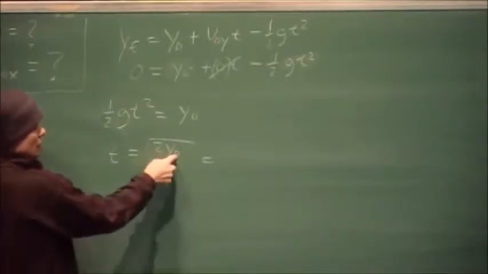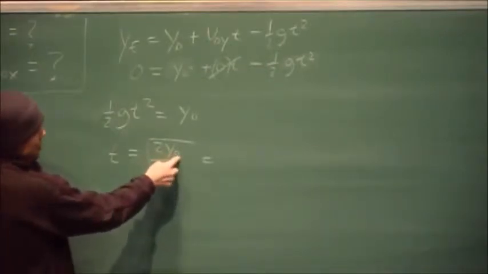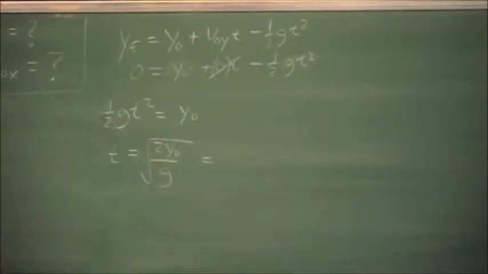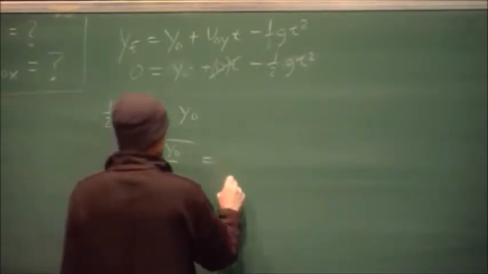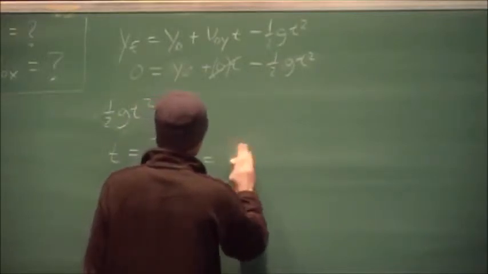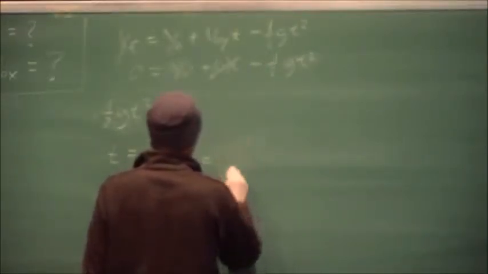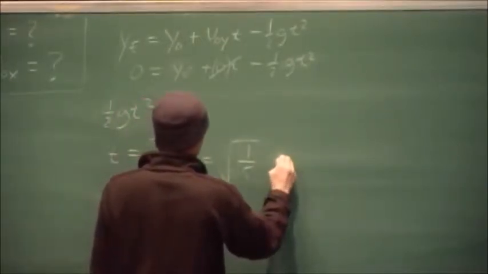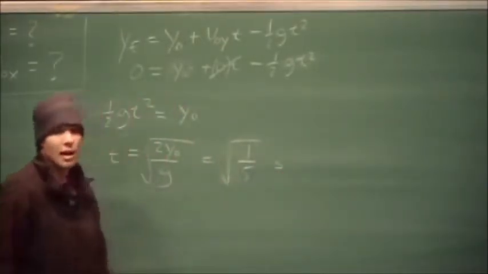Now, y0 is 1 meter, so I have 2 times 1 divided by 10. So I have 2 divided by 10, so I have the square root of 1 over 5, and this is going to be in seconds.